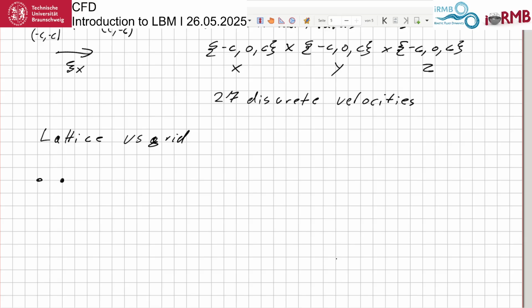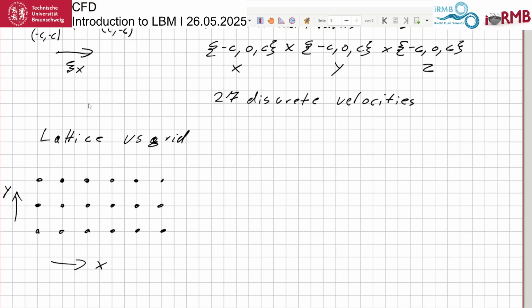So we have actually a Cartesian grid here, and molecules will move from one location to another location. So this is now x, and this is y.